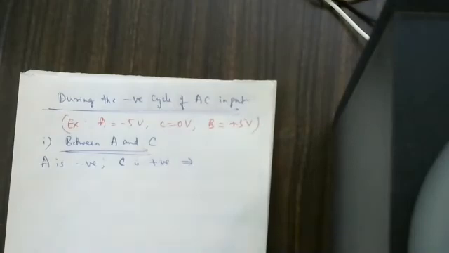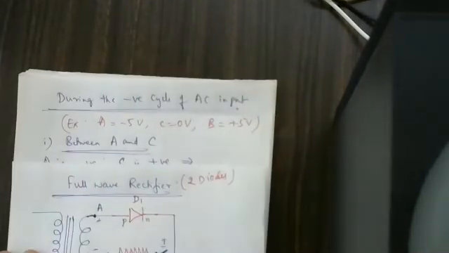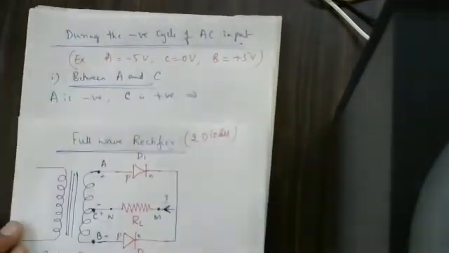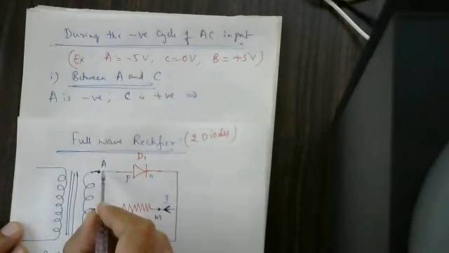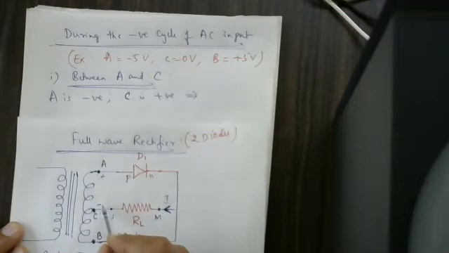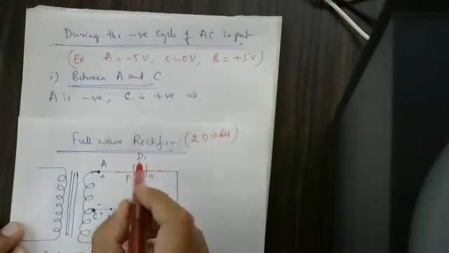Let us go back here. I told you A is negative. A is negative here, P connected to negative. C is positive here, N connected to positive. So if I am writing the polarity, you should not get confused.